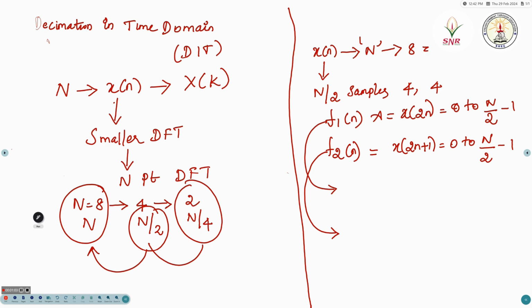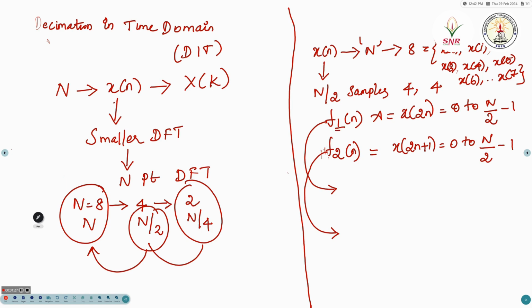So if x of n has 8 samples, they are x of 0, x of 1, x of 2, x of 3, x of 4, x of 5, x of 6, up to x of 7. So there are 1, 2, 3, 4, 5, 6, 7, 8 samples.